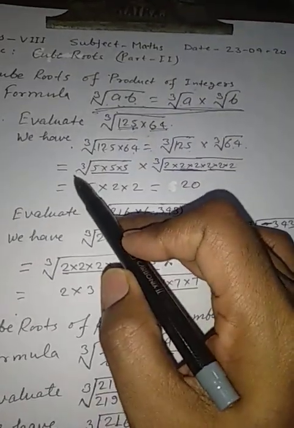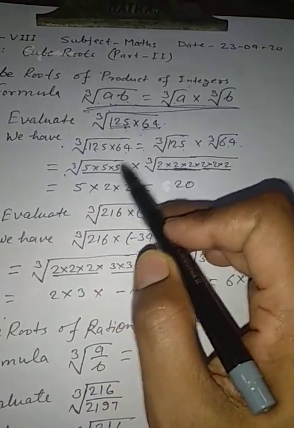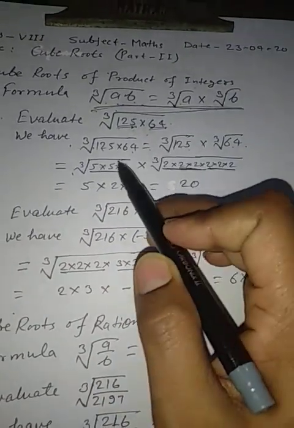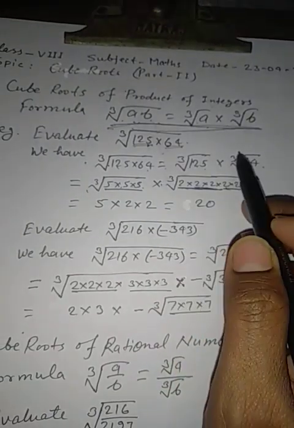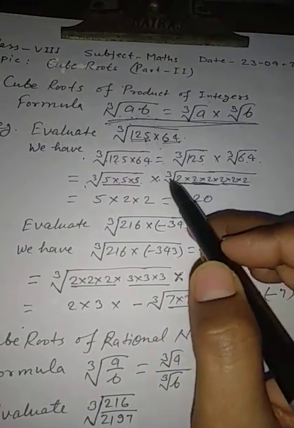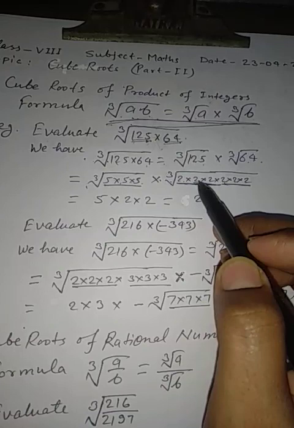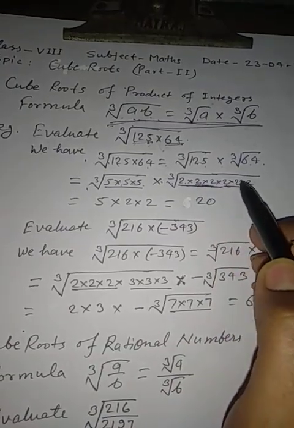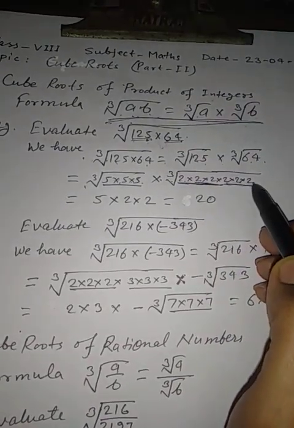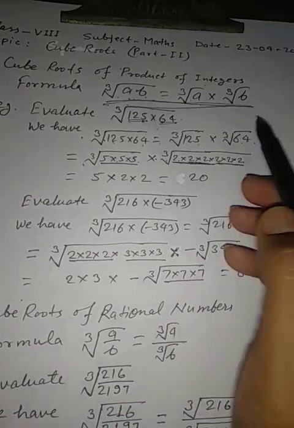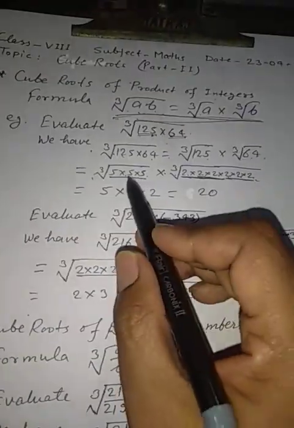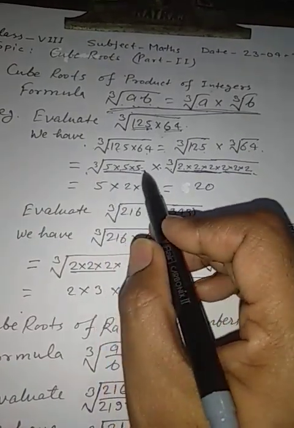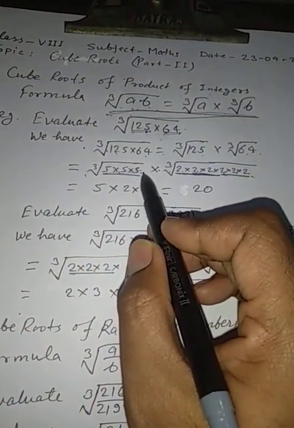Then cube root of 125 can be written as 5 into 5 into 5, and 64 can be written as 2 into 2 into 2 into 2 into 2 into 2, because this is the prime factorization of 64. Now, by taking each triplet, we take out one of it.